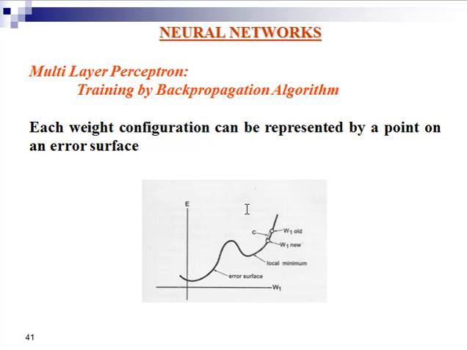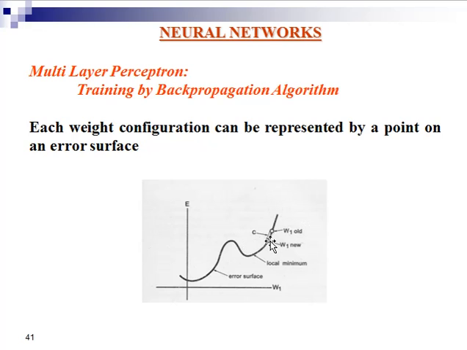Okay, let's have a look at what it means to have local minima or global minima and how these local or global minimas can affect our training. Each weight configuration can be represented by a point on an error surface. Let's suppose that we have this error surface here, where we have the weight vector and the error, and on this error surface we have our weight vectors, and we are trying to adjust those weight vectors accordingly so that we can have the correct classification.